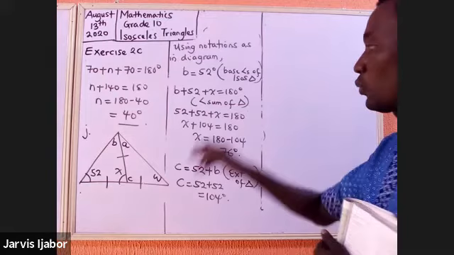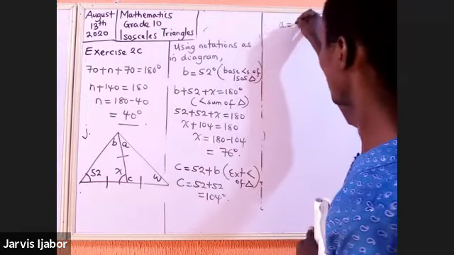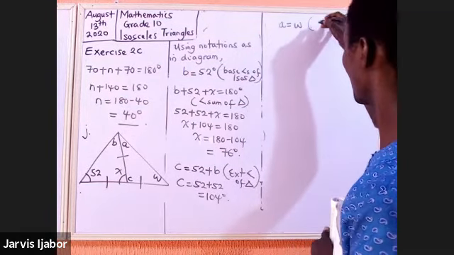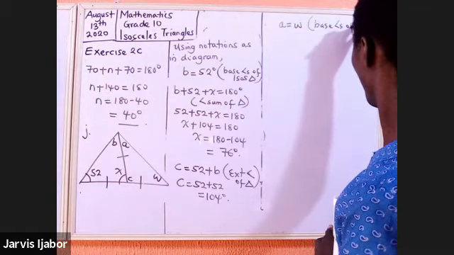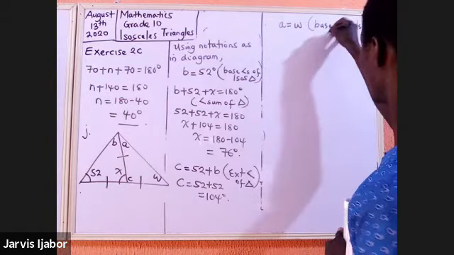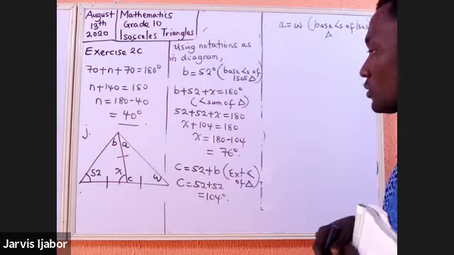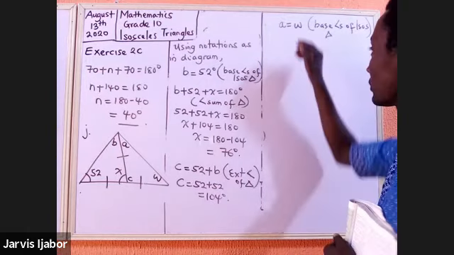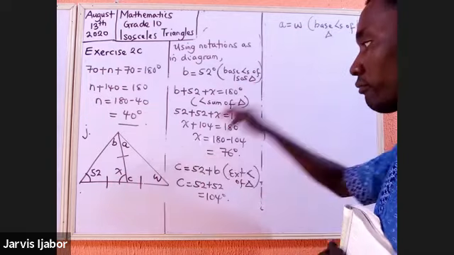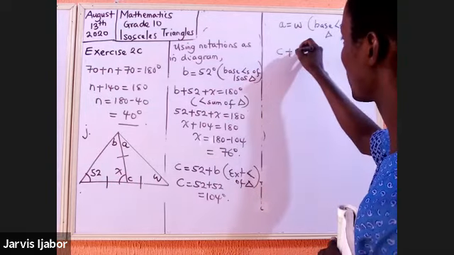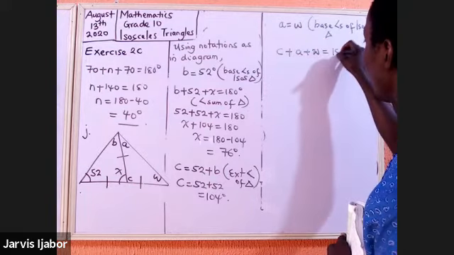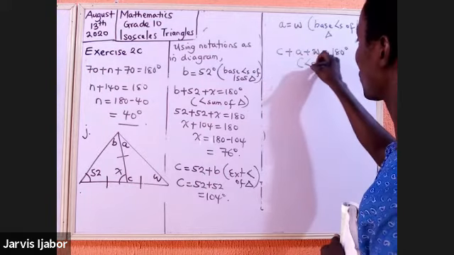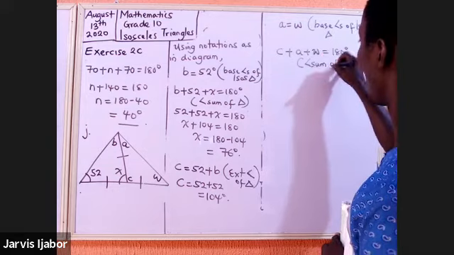So remember that A is equal to W. What's the reason? Base angles of isosceles triangle, right? So that said, it means that C plus A plus W will be equal to 180 degrees. Angle sum of triangle.